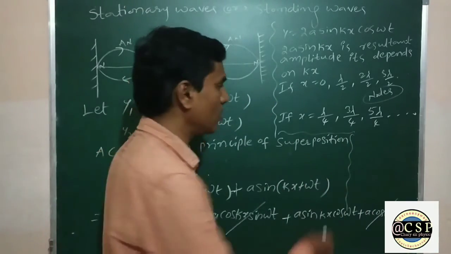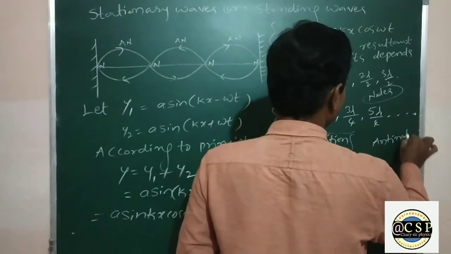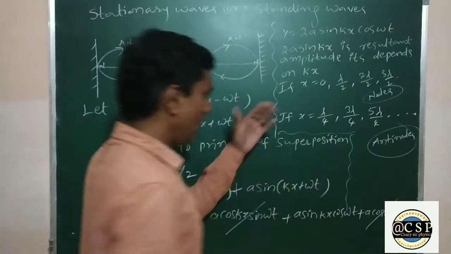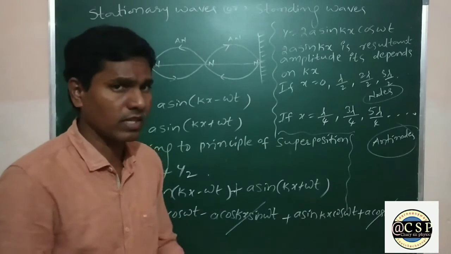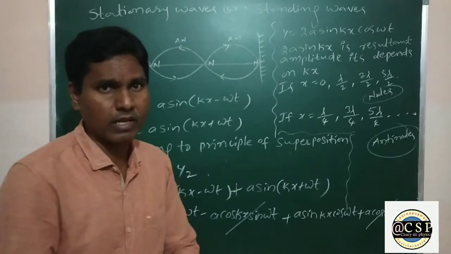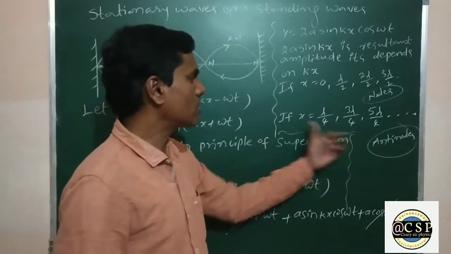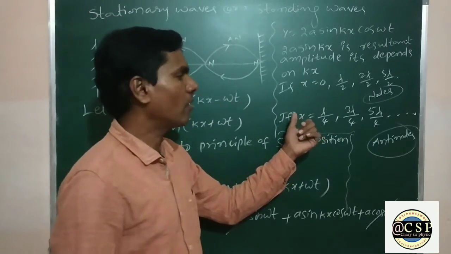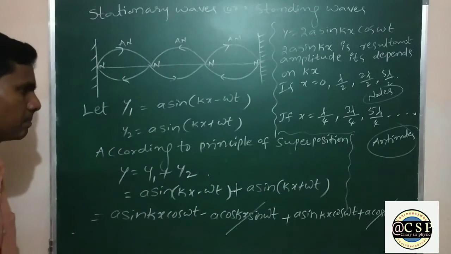They are called antinodes. At those positions the vibrations of the particles are maximum, so at antinodes the vibrations of the particles are maximum. Write these points.